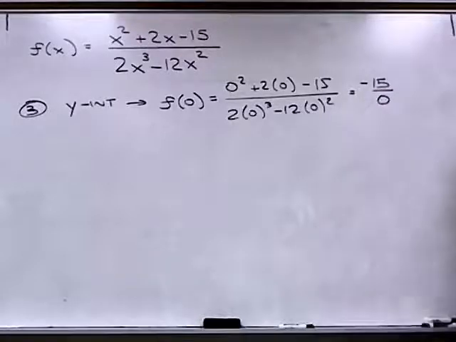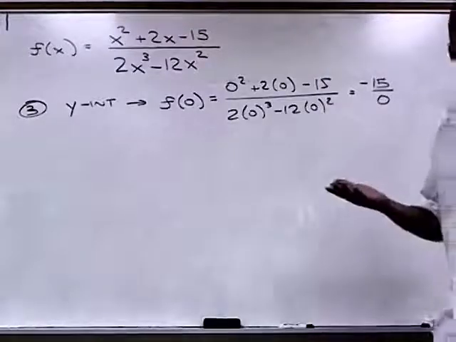Whoa, wait a minute. Negative 15 divided by 0 is undefined, right? What's going on here? There is no y-intercept. Why is that? Think about the vertical asymptote. Where were our vertical asymptotes?